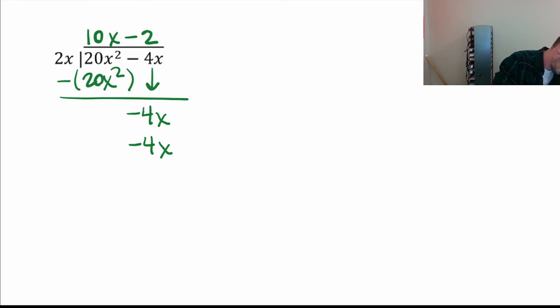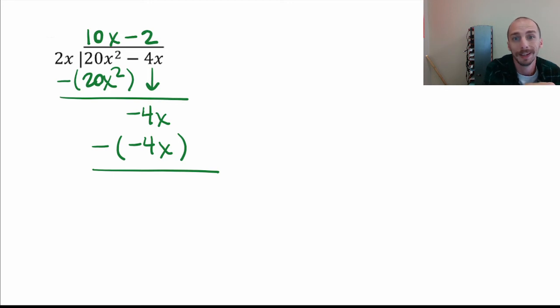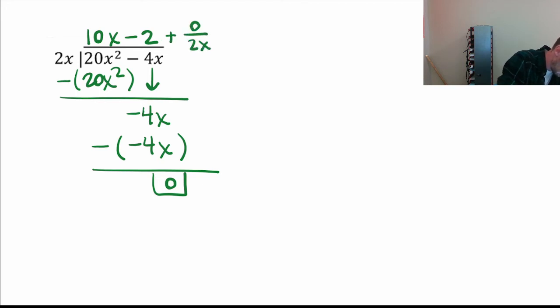And this is why I recommend putting the parentheses around it. It reminds you that this is not going to add to negative 8x. We're taking negative 4x and we're going to add 4x because we're subtracting negative 4x. And we're going to get a remainder of 0. So plus 0 over 2x. There's no point in writing it down if there's no remainder. So I'm going to say that this quotient is equal to 10x minus 2.